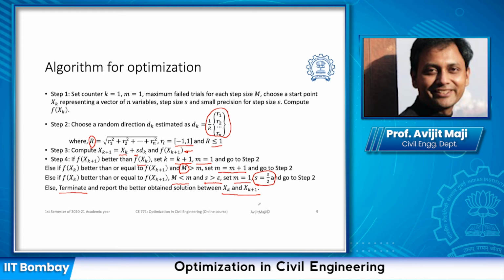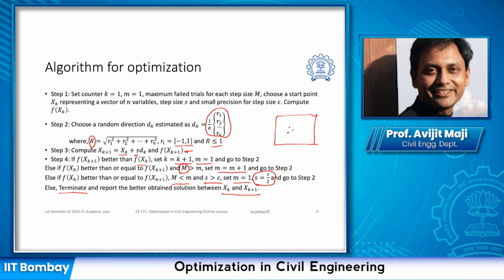Now in this method, as I said, you have a search space which can be defined in a two-dimensional space for two variables like this, and you are starting from a point here. So you take a random step of a fixed size in some random direction, say suppose we took a step here where we found that the objective function value is better.